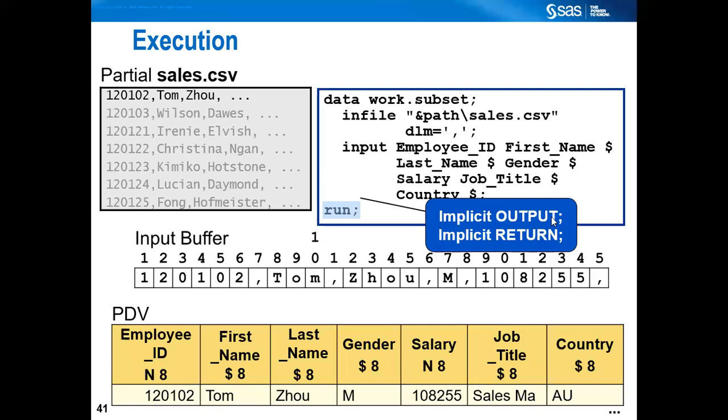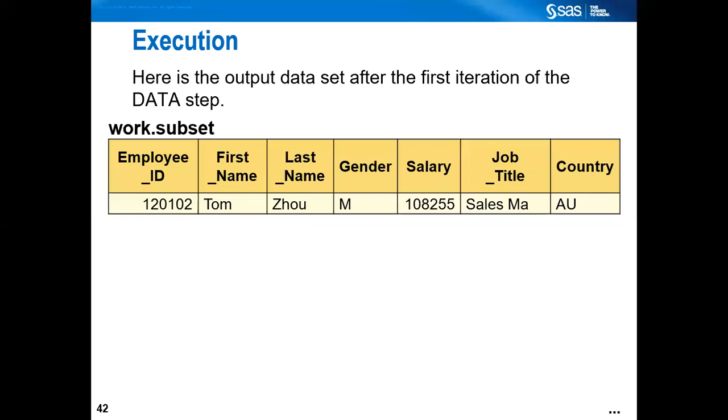One, to perform implicit output, that is, the content of the PDV should be written directly to the new dataset, and also to reprocess it for upcoming rows, hence implicit return. So this is the first observation of the output dataset, which we term as data push. Understood?